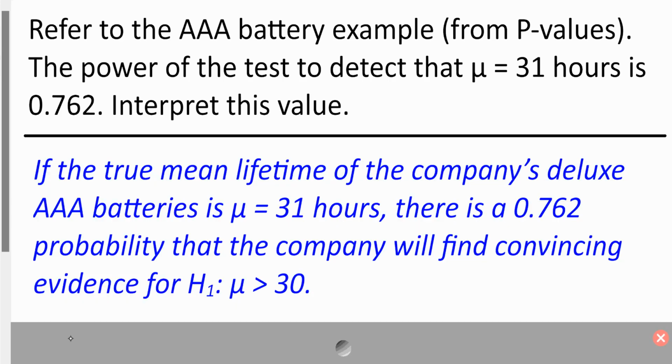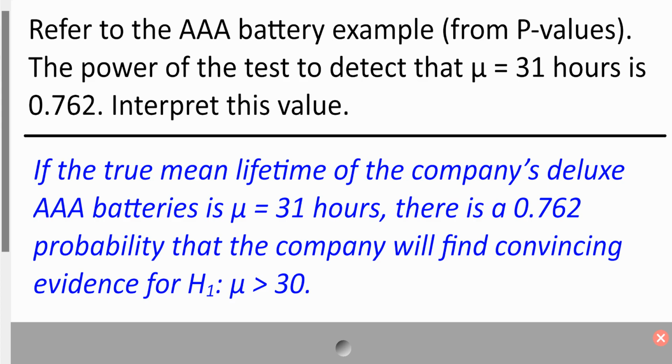So we would say if the true mean lifetime of the company's deluxe AAA batteries is 31 hours, there's a 0.762 or 76.2% chance that the company will find convincing evidence for mu being greater than 30. That's how you can interpret it.